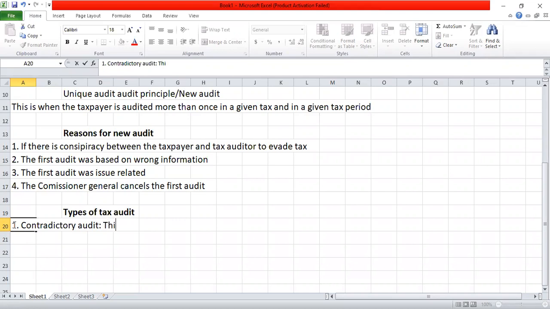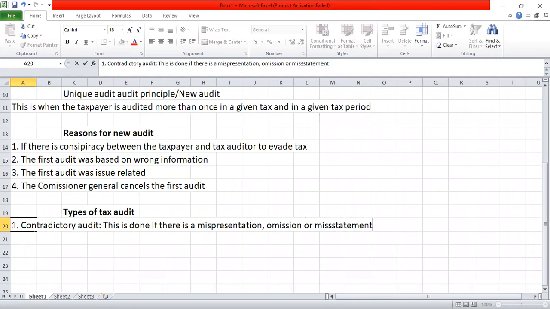So you can see that this is done if there is a misrepresentation, omission, or misstatement of information.